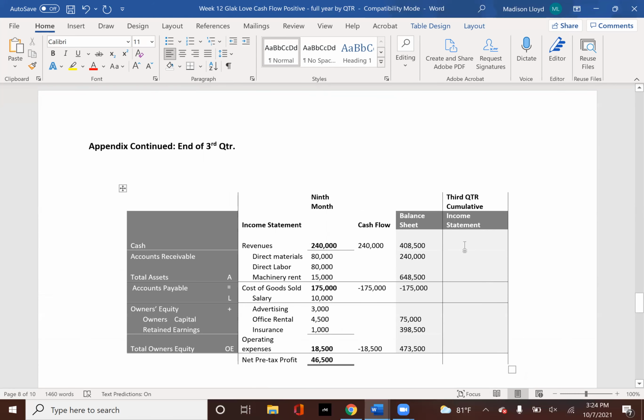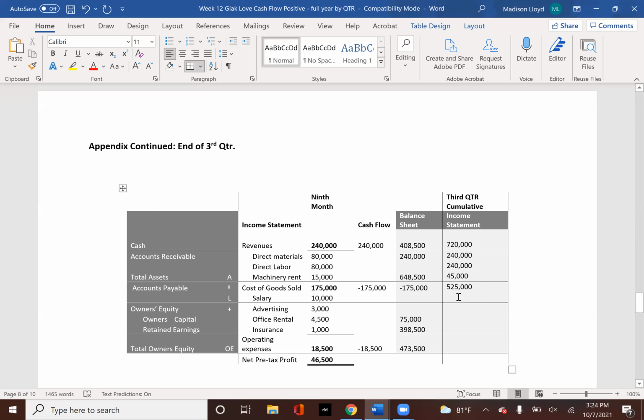240,000 times 3, 720,000. $80,000 times 3 is 240,000. $80,000 times 3, 240,000. Machinery rent, 45,000. 15,000 times 3. Cost of goods sold is 175,000 times 3, 525,000.